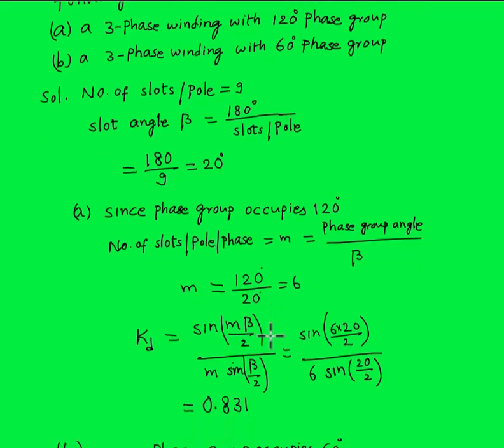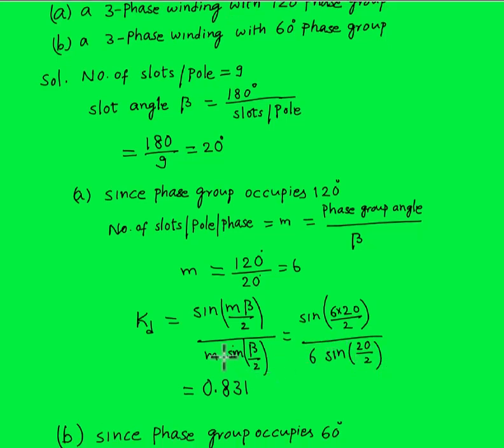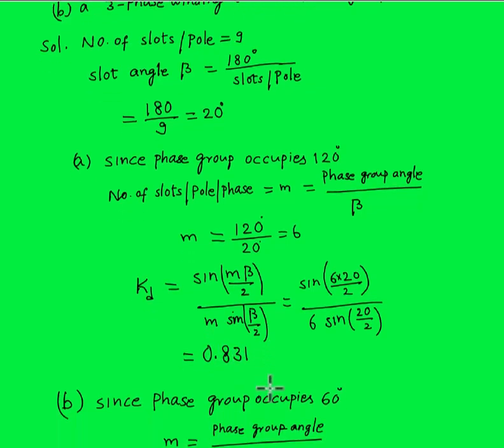And the distribution factor formula is sine m beta by 2 divided by m into sine beta by 2. Substituting these values, sine 6 into 20 divided by 2, divided by 6 into sine 20 by 2. And after simplification, the distribution factor Kd comes as 0.831, which is less than 1.